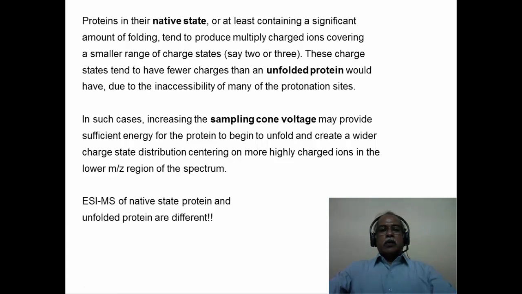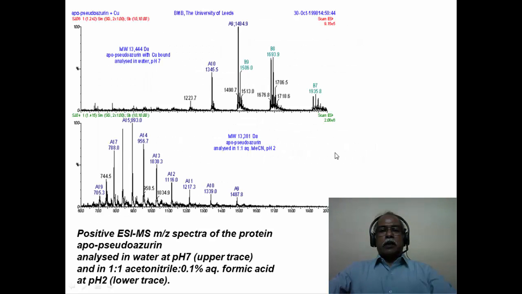So, if a native protein is denatured and such protonation sites are exposed, then you have a wider distribution of charged species in the case of a denatured protein compared to a native protein. So, the electrospray ionization mass spectrum of a native protein and the unfolded protein can be very different in nature. This is explained in this particular slide here.